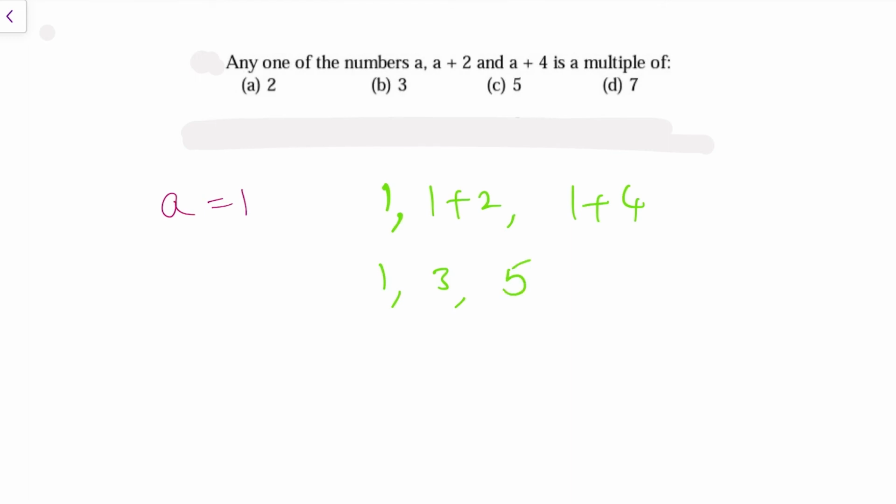Next, for confirmation, I am taking one more number, A equals 2. Now if we take 2, A plus 2, that is 2 plus 2, A plus 4, that is 2 plus 4. So what will we get then? 2, 2 plus 2 is 4, 2 plus 4 is 6.